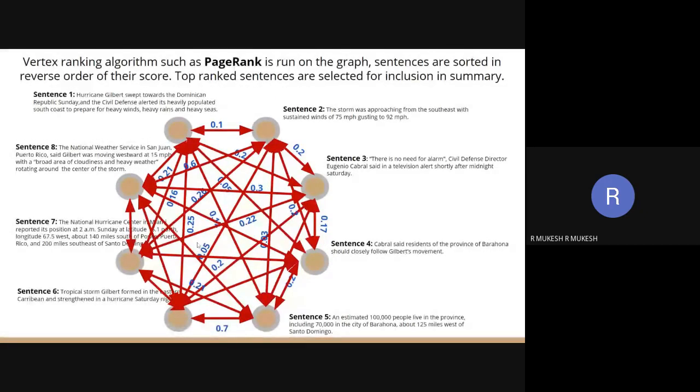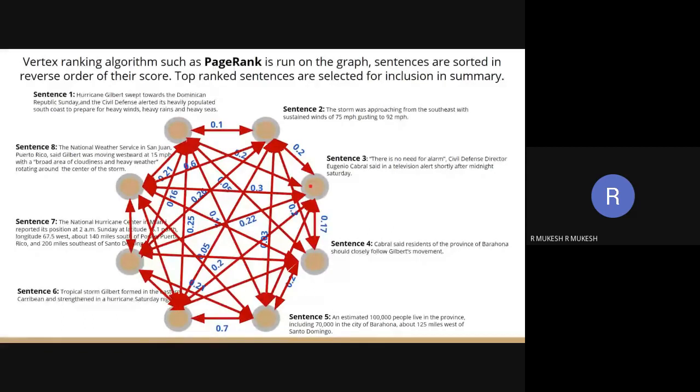So the second step is we use Google's popular PageRank algorithm on this. Let's say sentence 8 happens to be an important sentence, and sentence 6 also happens to be important, and these two important sentences are talking about some sentence, then this sentence becomes important. It's kind of the recursive PageRank definition.